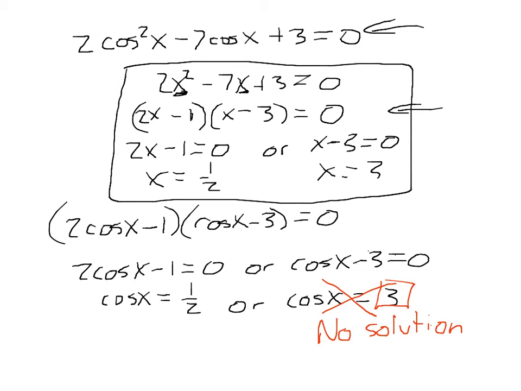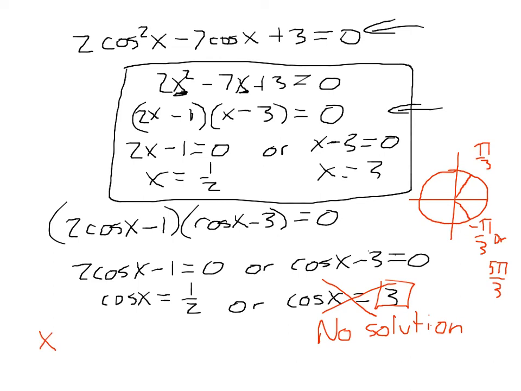And so where does that occur? Well, let's go to our unit circle. Where is our cosine 1/2? It's going to be at pi over 3 and negative pi over 3. Or, I guess you could also think of that as 5 pi over 3. I don't care which one of those two you pick, because our notation takes care of the other.